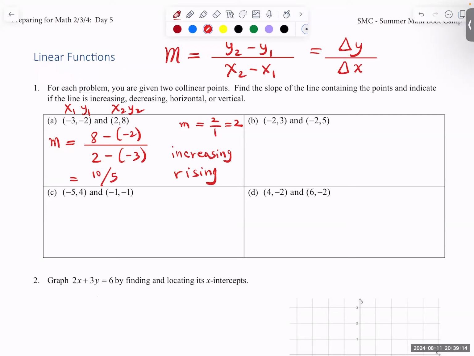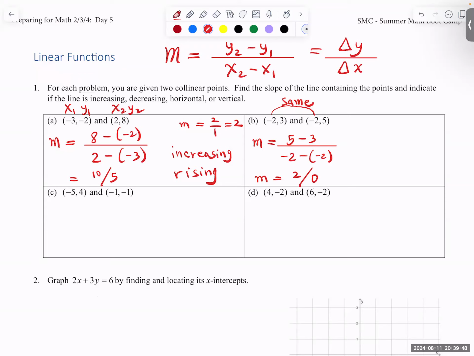Now in part B, notice that the x coordinates are the same. So when you graph those two, they'll fall on a vertical line, and the slope is undefined, which we can show by applying the slope formula. 5 minus 3 divided by -2 subtract -2 is 2 divided by 0.